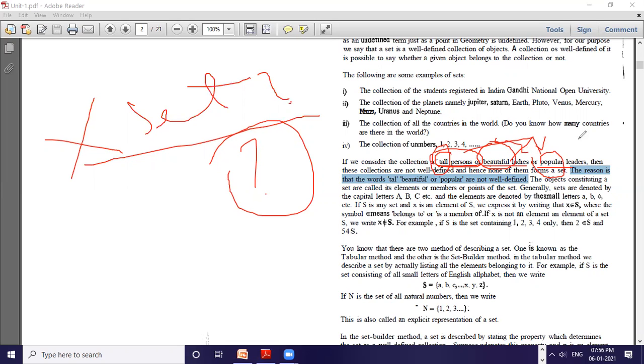These things are also not well defined. That's why the collection of tall persons, beautiful ladies, popular leaders, or short persons is not forming a set. Is this clear? If it is clear, you can give one more example from your side of a collection which is not forming a set.